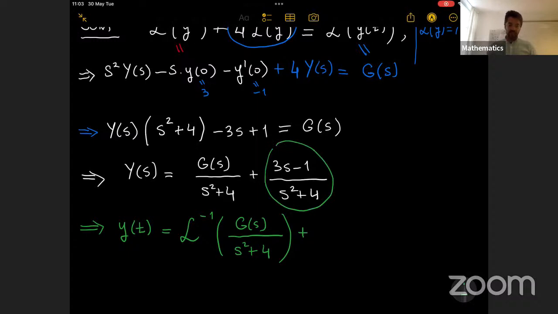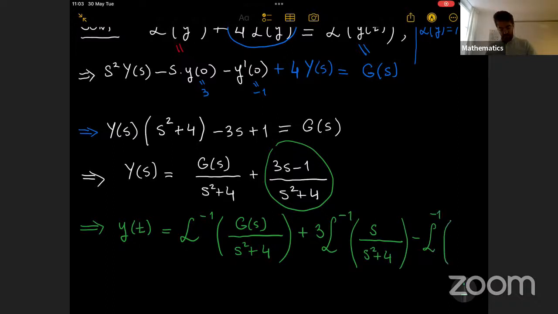Well, you can split this into 2. So it's going to be 3 times the inverse Laplace of s over s squared plus 4. This is one thing. And the other one is minus the inverse Laplace of 1 over s squared plus 4.